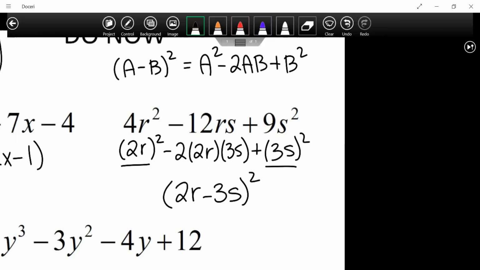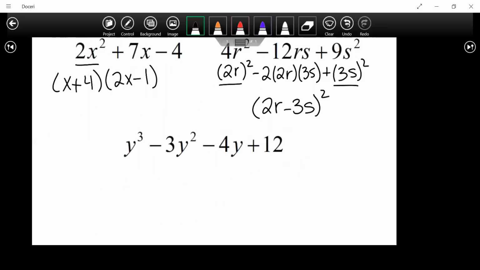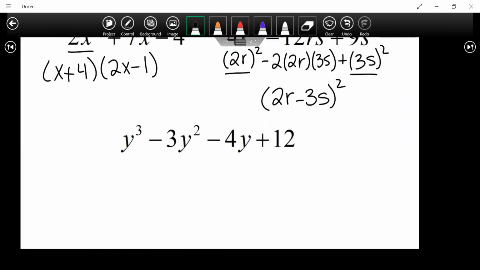It's definitely tricky. Okay. The last one on the bottom, whenever I see it with 4 terms at least, I always think of factoring by grouping. Factoring by grouping will probably be the easiest bet. So I'm going to split it down the middle. And I'm going to take out the likely term, or the greatest common factor. In this case, I can pull out a y squared, leaving me y minus 3.